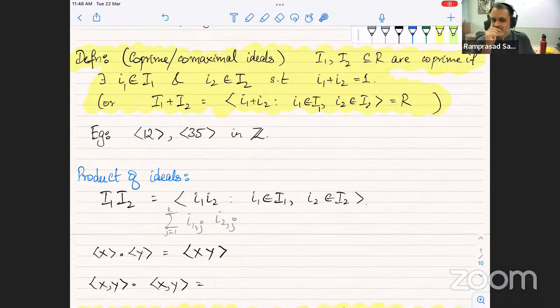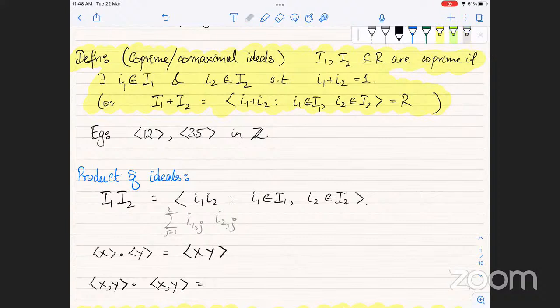What is the product of the ideal generated by X and Y and the ideal generated by X and Y? Y squared. Sorry? Ideal generated by x squared and y squared. Not quite.